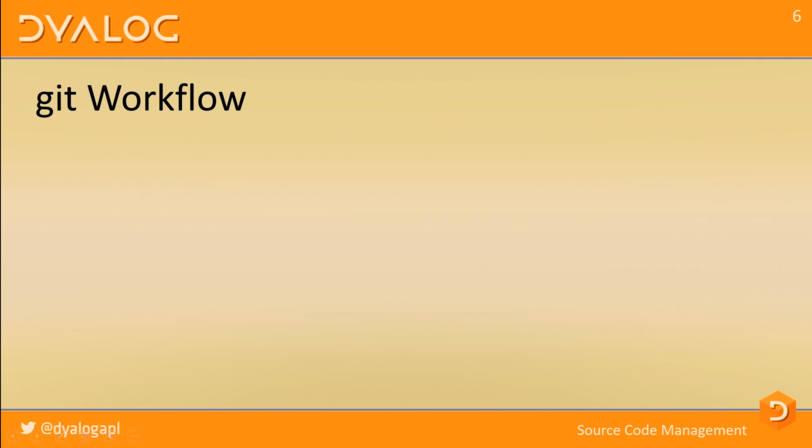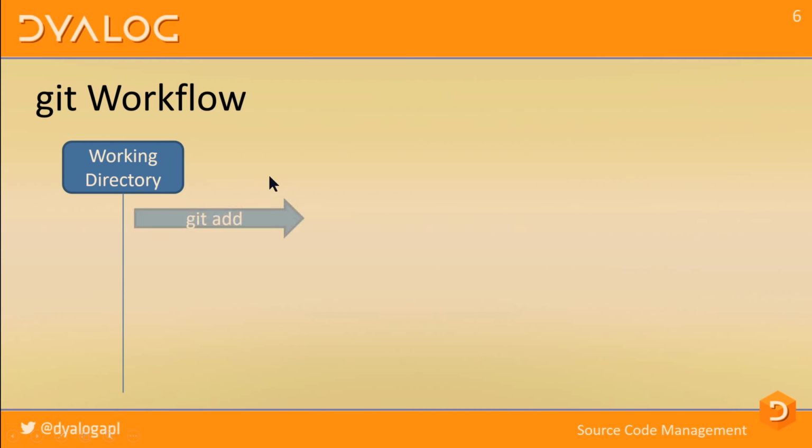So one of the things that I wanted to discuss is to describe what we've been doing in terms of the Git workflow. So our working directory is the set of folders where our application code lives, where those text files are stored.